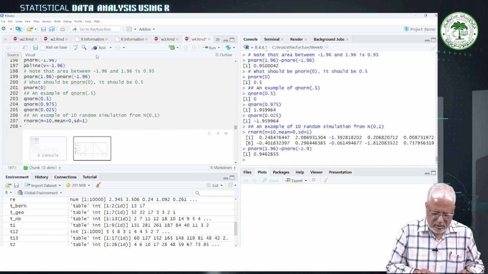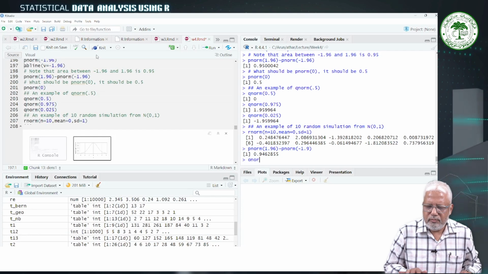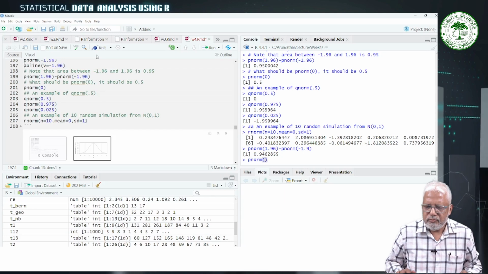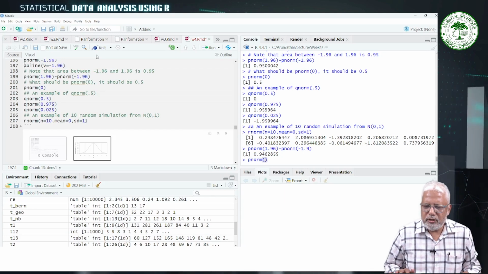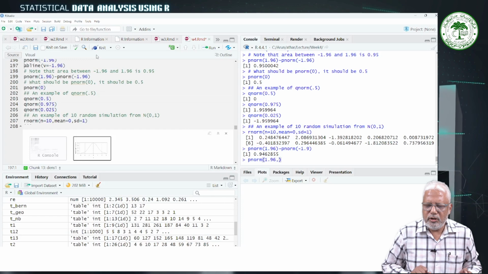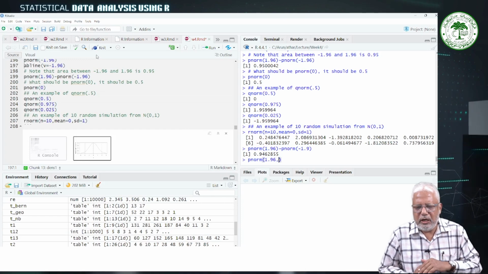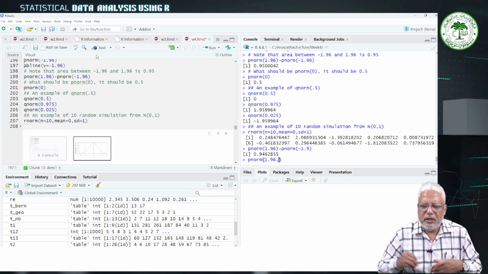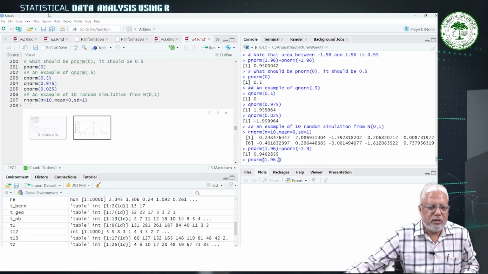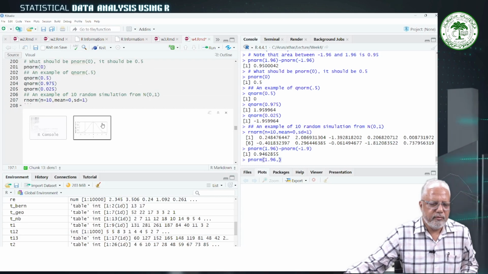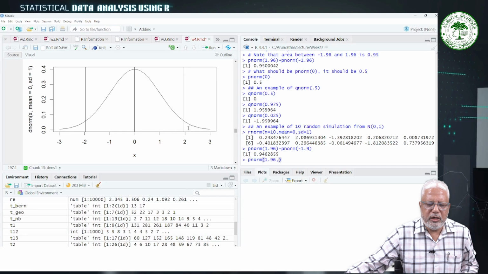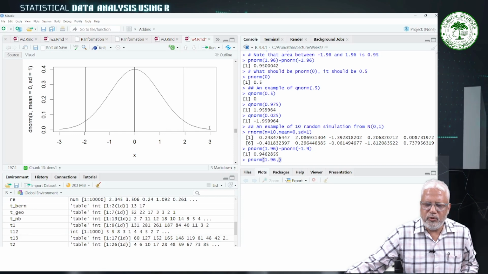Say for example, pnorm of 1.96, and we want the area above this. Area above 1.96 is 0.025.